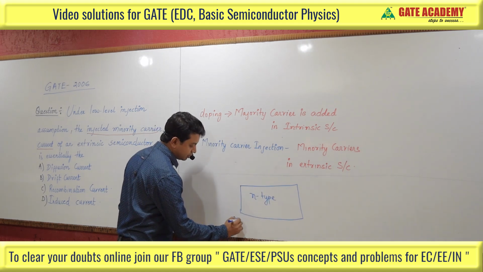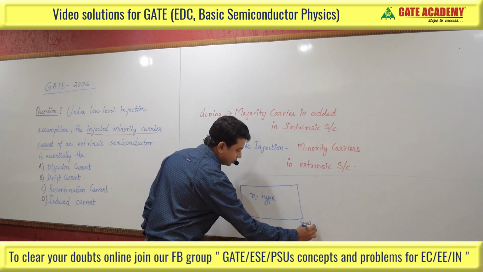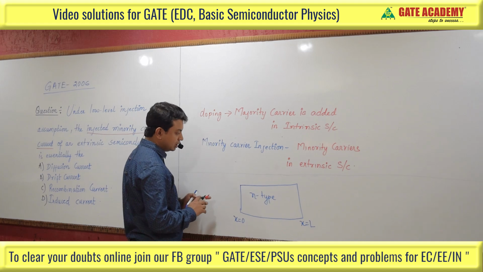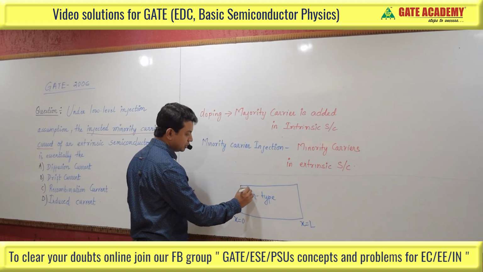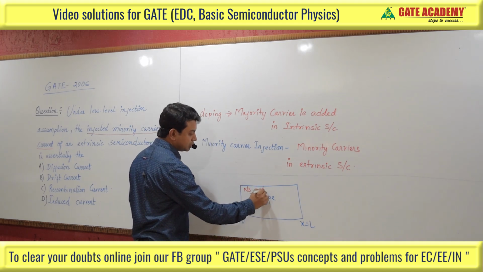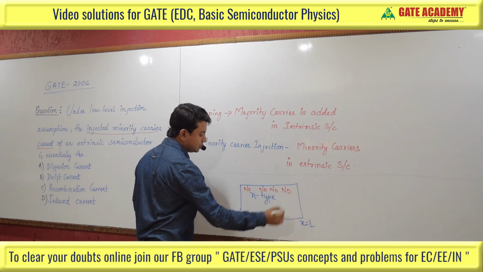Suppose we are taking from x equal to 0 to x equal to L, the length of the semiconductor. Throughout the length, the concentration of majority charge carrier is equal to Nd. That means if it is uniformly doped, then throughout the semiconductor we have Nd atoms.